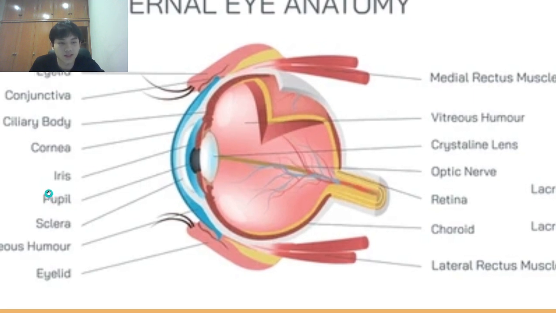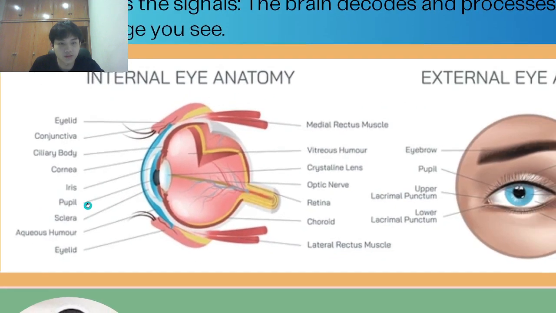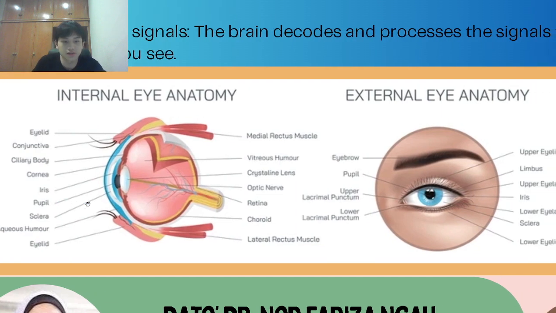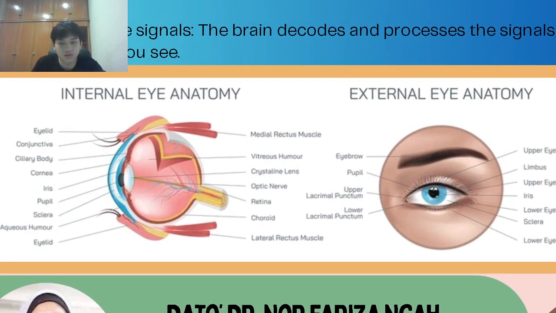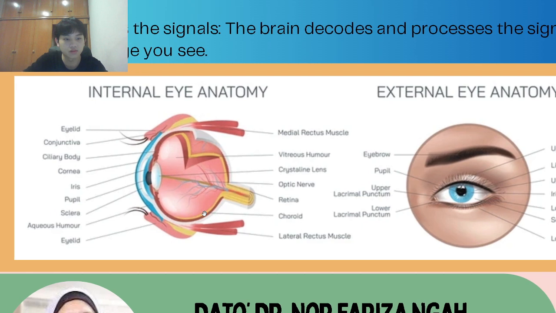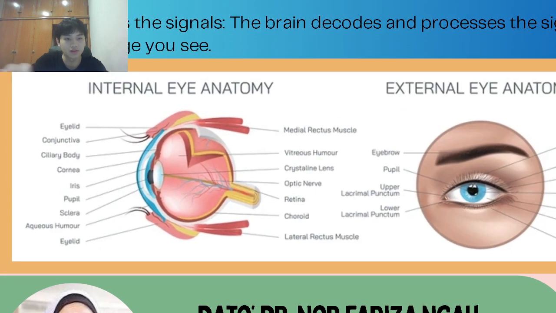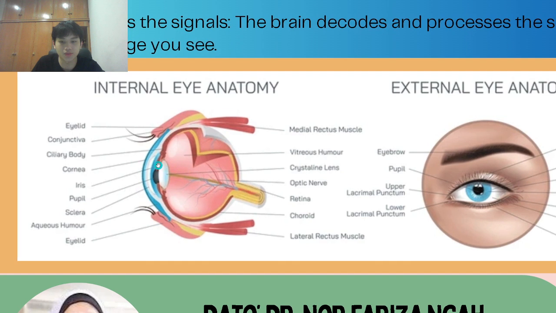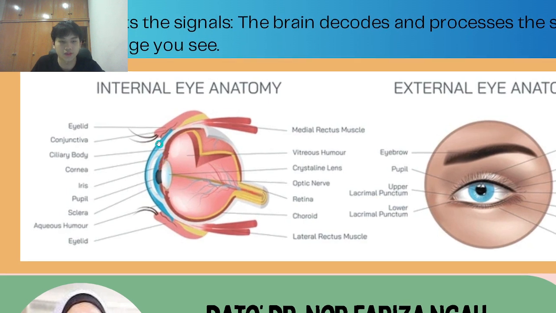The next one is the lens. The lens is a clear, flexible structure that changes shape to focus light on the retina for sharp vision.